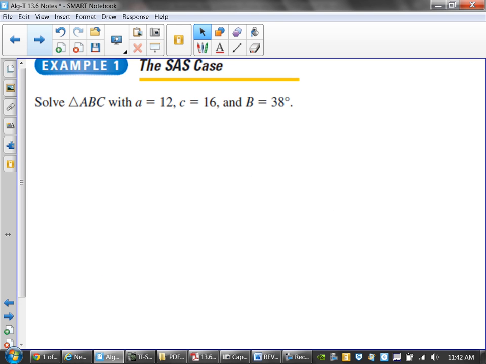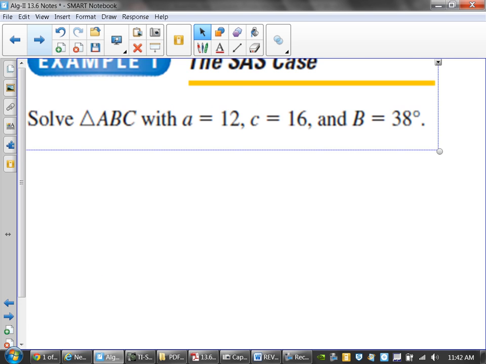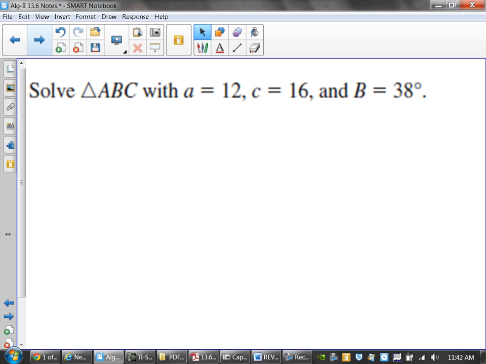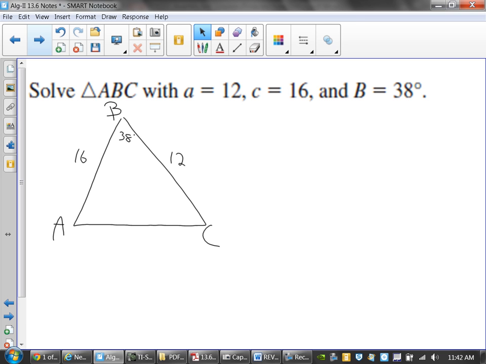So let's take a look at an example. Again, this is the side angle side scenario where you're given an angle and the 2 sides that make up the angle. Little a is 12, little c is 16, and angle B is 38.